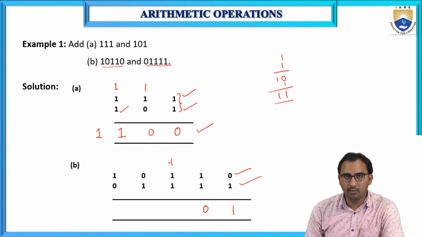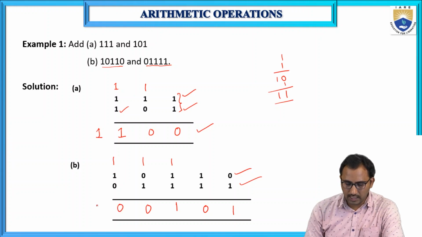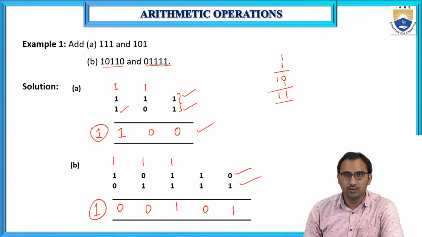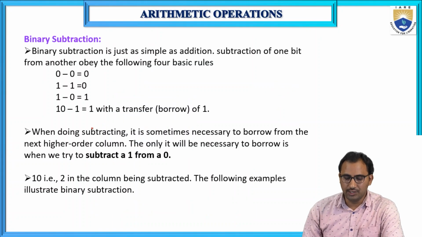If you add 1 plus 1 plus 1, you will get 1 with the carry 1. Then 1 plus 0 is 1. Again 1 plus 1, you will get 0 with the carry 1. Next 1 plus 1, you will get 0 with the carry 1. So this is a carry. This is a binary addition.